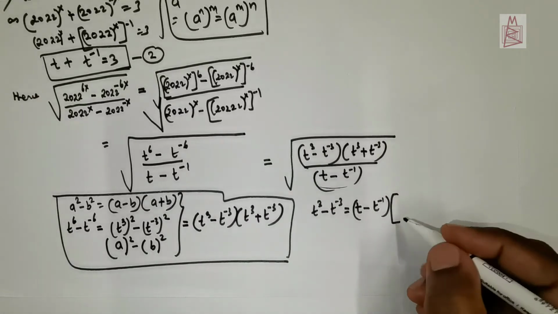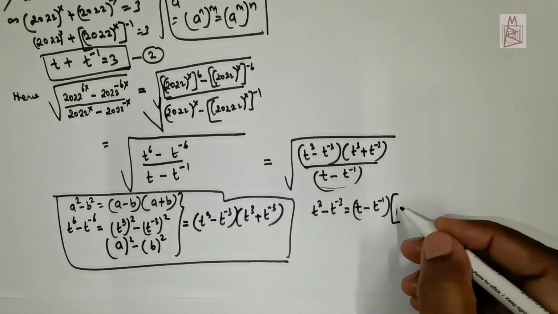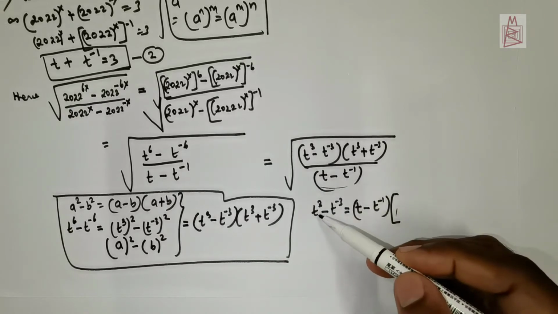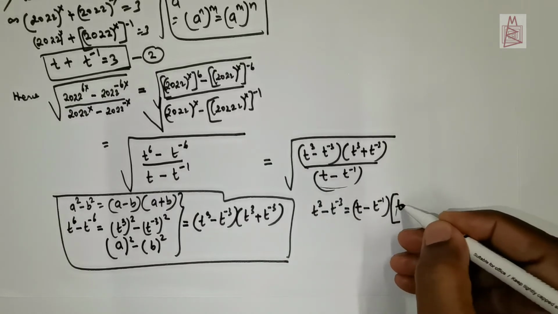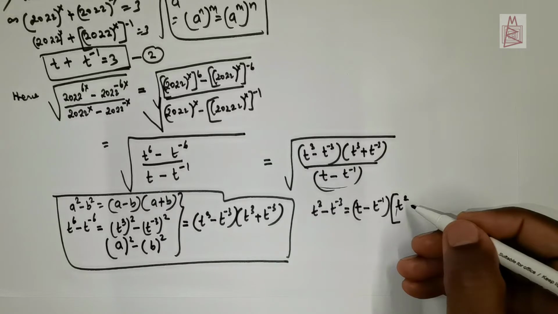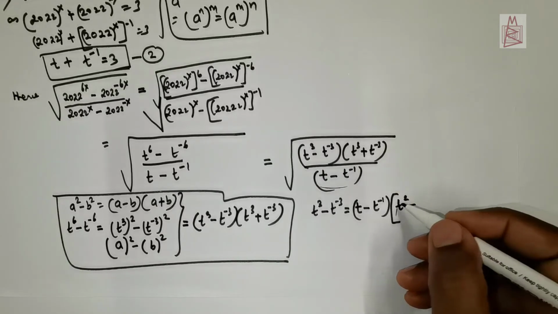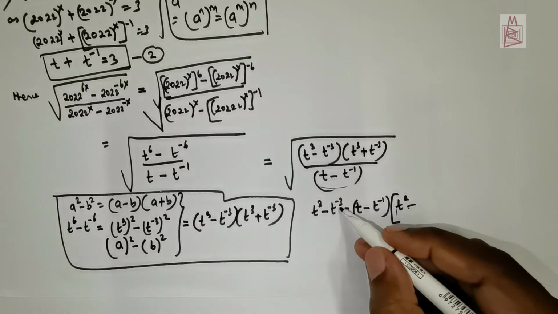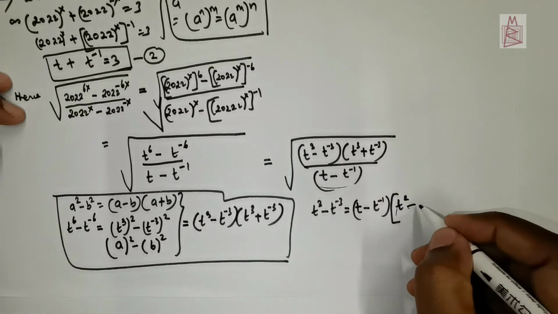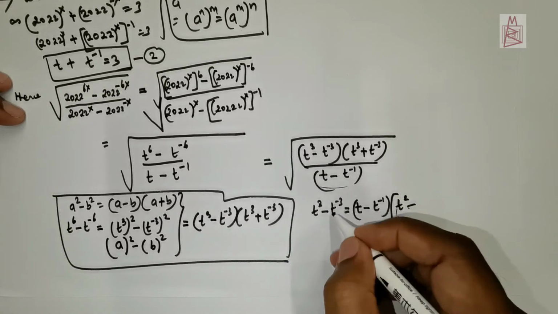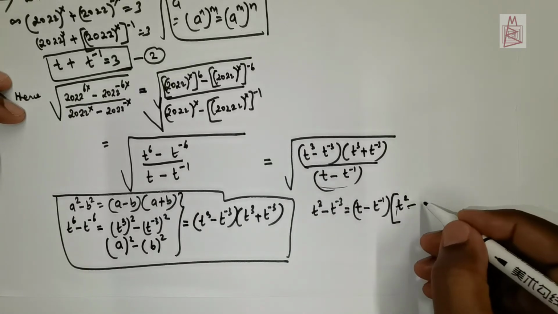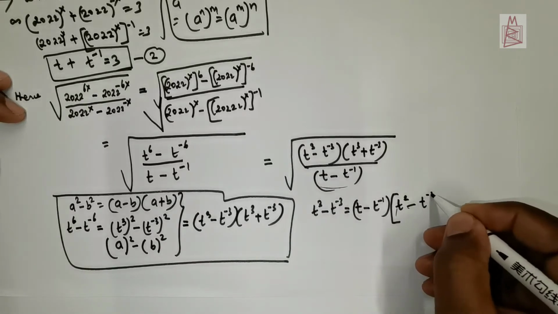Now what should I place here so that I get t power 3? Clearly this should be t squared. I'm trying, okay? So t squared, and then what should I place here so that I'm able to get t power minus 3? I need to get t power minus 3 on the left side. So I need to place here t power minus 2.